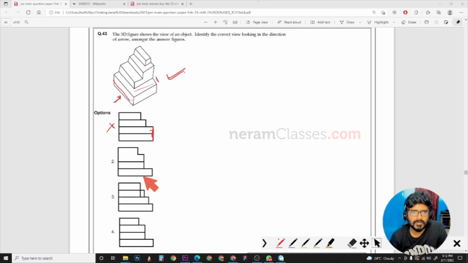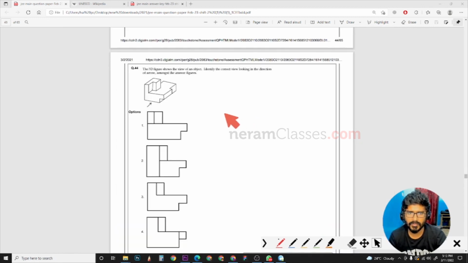Also, this one is a wrong answer. Reason, we should have this line here in between. So option 2 is also a wrong answer, and option 3 is also a wrong answer because we have some intersection here, which is not happening here. So option 4 is the right answer, exactly perfectly matching with the 3D figure. Option 4.